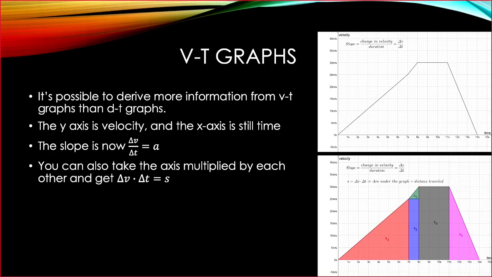And I will use the simplest kind of geometrical structures I can when I have these kinds of graphs. What we're good at is rectangles and triangles. So if we can divide the whole area under the graph into rectangles and triangles, we can solve for the distance traveled.